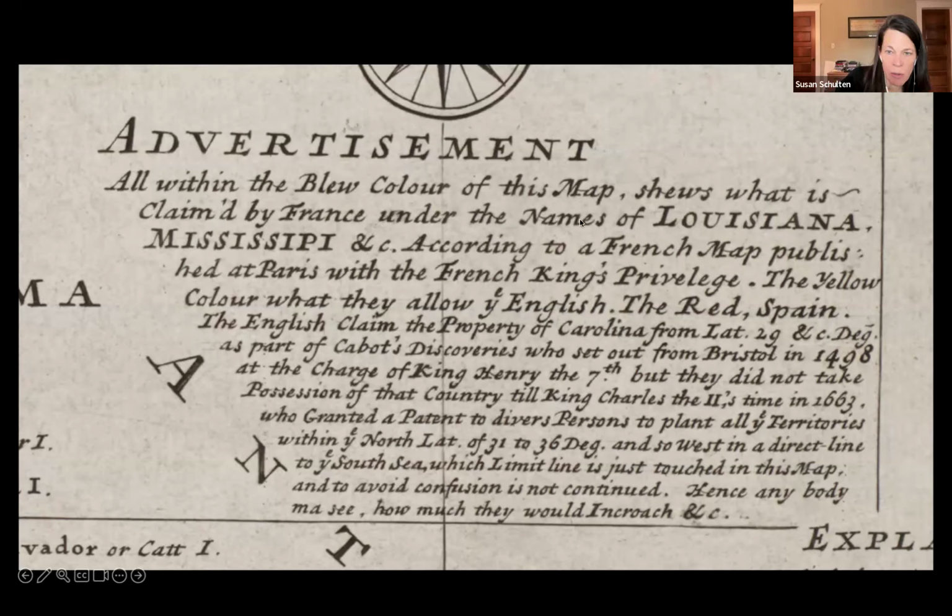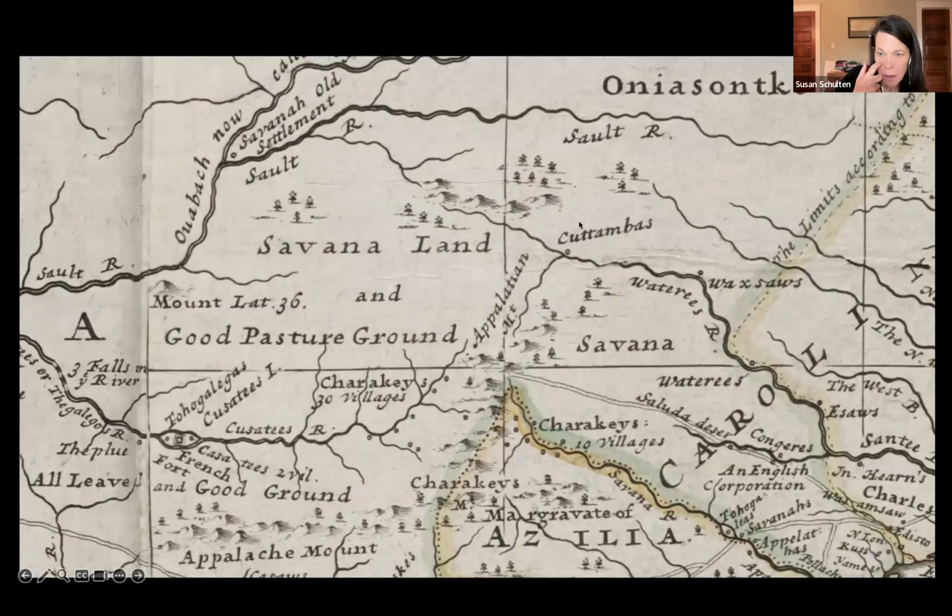And so to show you that, I'd like you to remember this is Moll's map of the Southeast. And I want to take you to a very, very different picture of the Southeast from an entirely different perspective. Notice that Moll here has identified the Carolina colony, the Cherokee villages, you can see that marked over and over, other indigenous tribes, and the French.